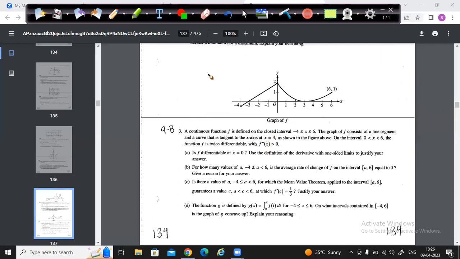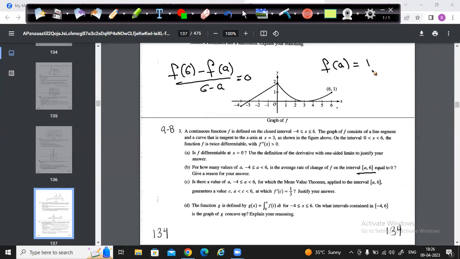On the interval a comma 6, f of 6 minus f of a by 6 minus a is equal to 0, or indirectly it is asking where f of a is equal to f of 6.